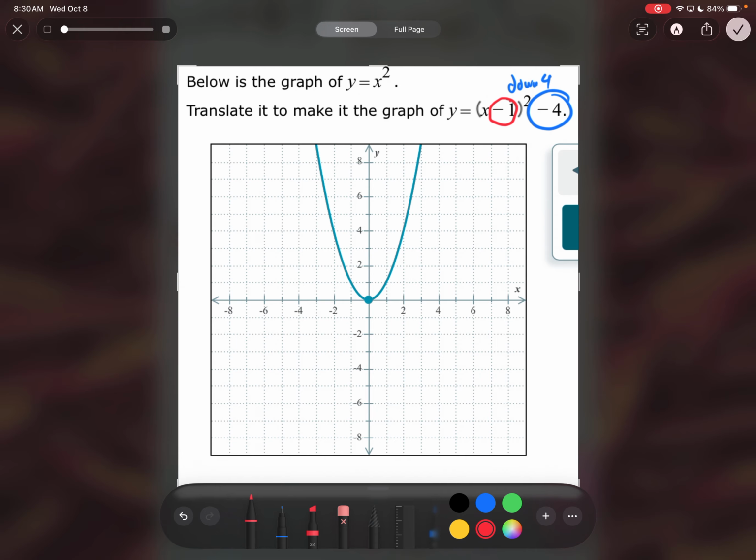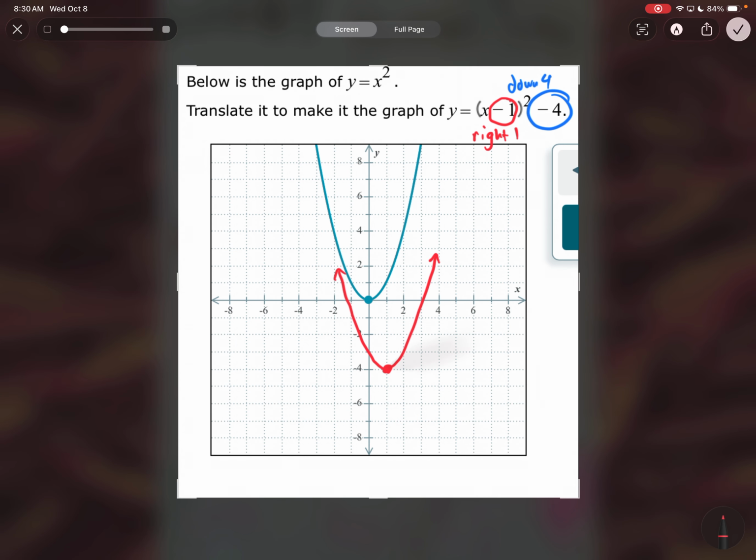You may think left because it's minus 1, but the formula starts with a negative, so it is just right 1. So I am going to go to the right 1 and down 4, and draw my new parabola. So all you got to do is follow those transformations. I went to the right 1 and down 4. So all you have to do is figure out the main vertex point and move it right 1, down 4.